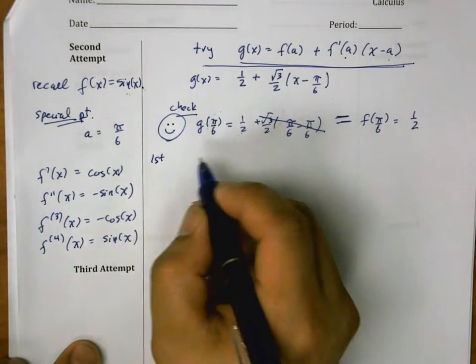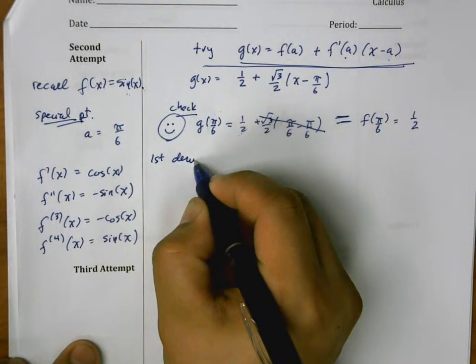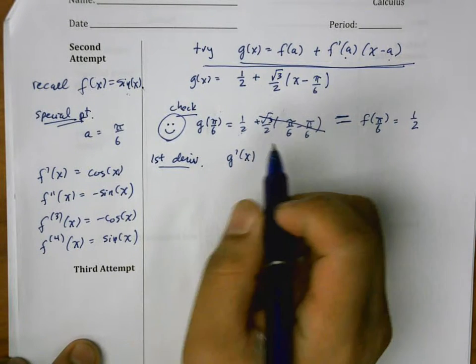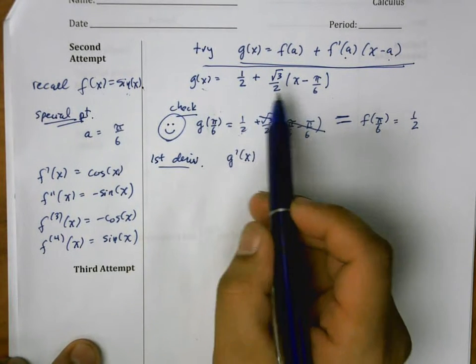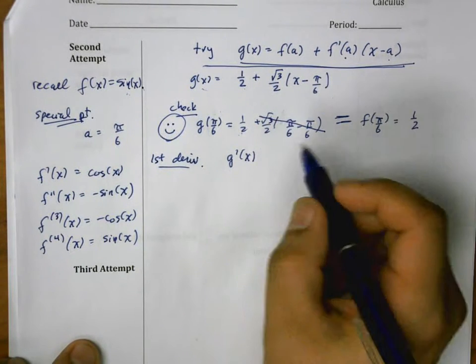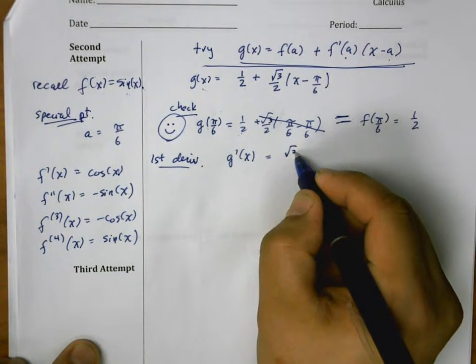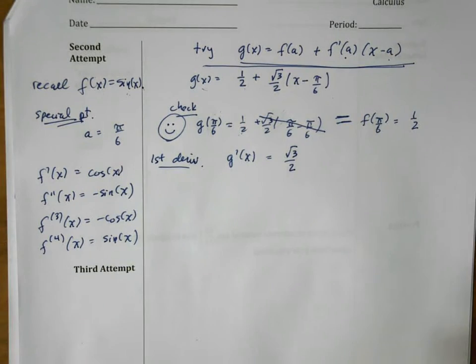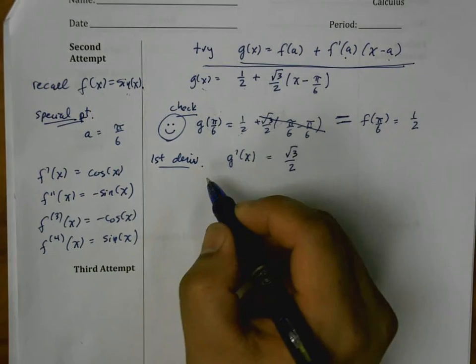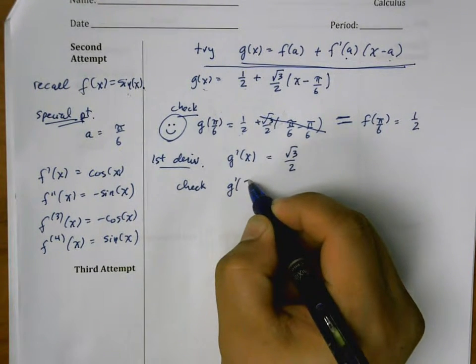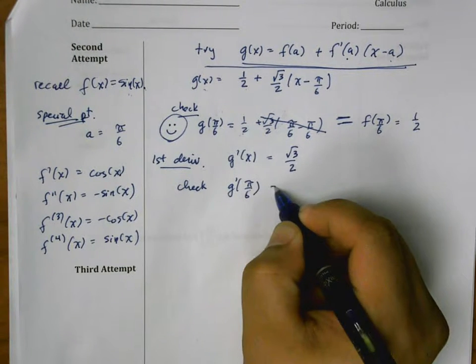We got to this point last time. Let's check our first derivative. Well, g prime of x, using what we have up here, the derivative of 1/2 is 0, and the derivative of this part is root 3 over 2. So now let's check g prime of pi over 6.